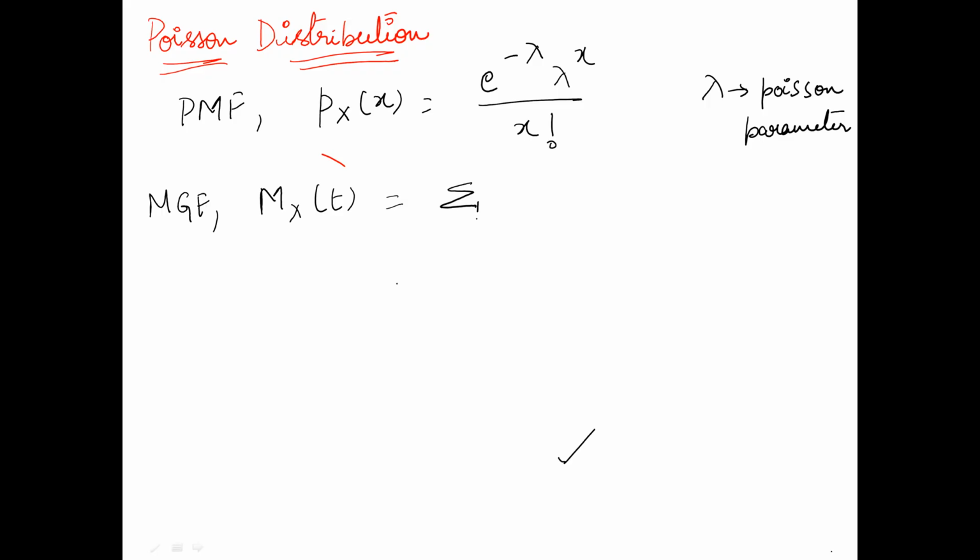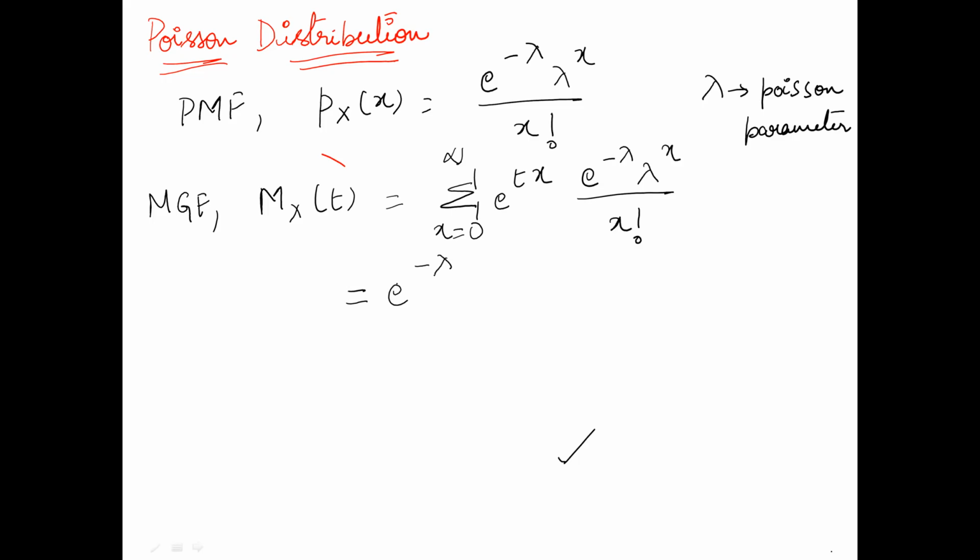So this is a summation, because this is a discrete random variable. Summation, x runs from 0 to infinity, e power tx times e power minus lambda, lambda power x by x factorial. Right, so I'll be pulling out the constant. The constant here is e power minus lambda.